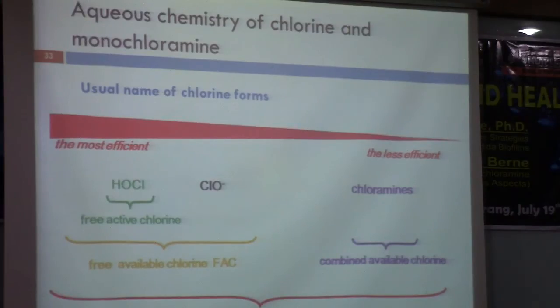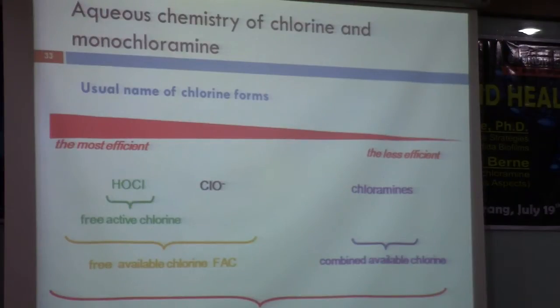Just a few words on terminology. We call HOCl plus OCl- free available chlorine, or free chlorine, and chloramine is called combined chlorine, and then there is the total chlorine.